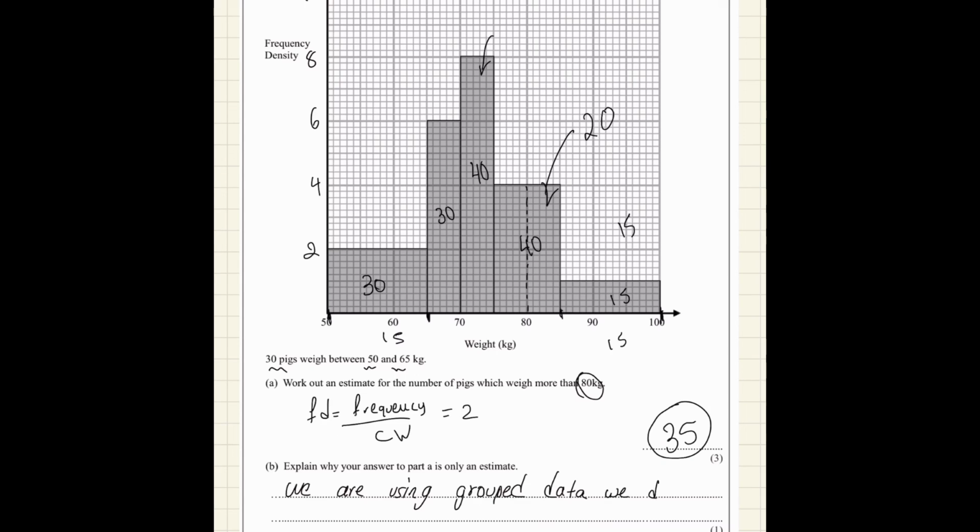We don't know how many pigs weigh between 80 and 85 kg. And that's it. Okay, the main reason is this, because you are using grouped data.